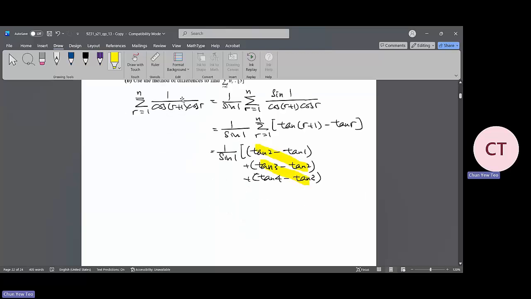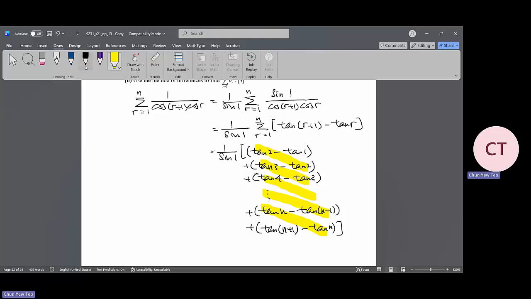The pattern behaves this way until the last two terms, that will be tan(n+1) minus tan n, and tan n minus tan(n-1). So this also can be cancelled, which means anything in between also cancels in such a way.